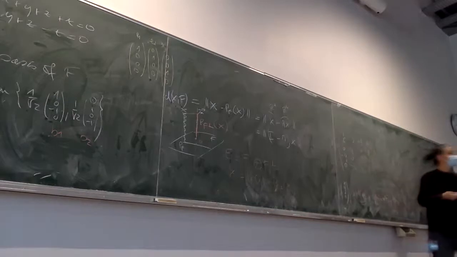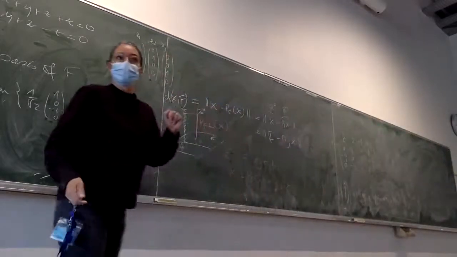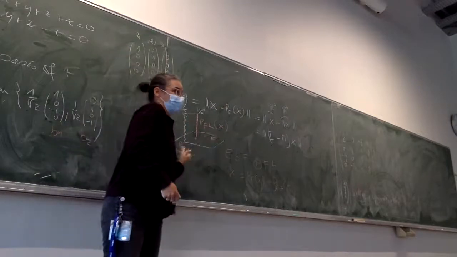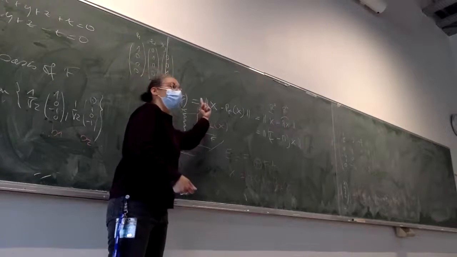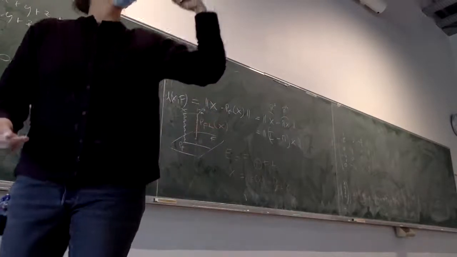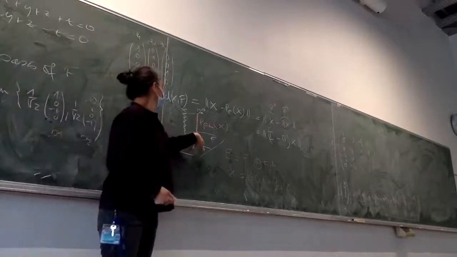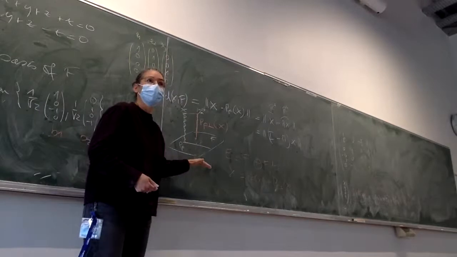That's yesterday's Moodle question. You were given a plane equation, a vector plane. It has a normal vector. I don't remember exactly the question, but it was the matrix of the orthogonal projection on the plane.